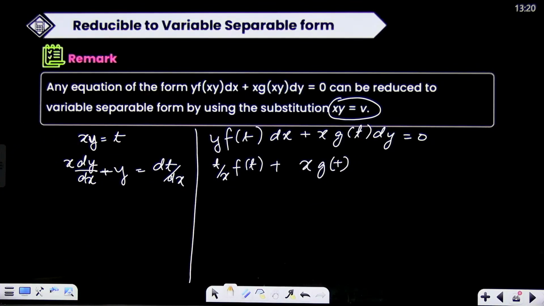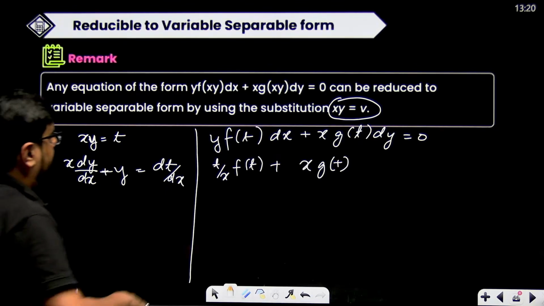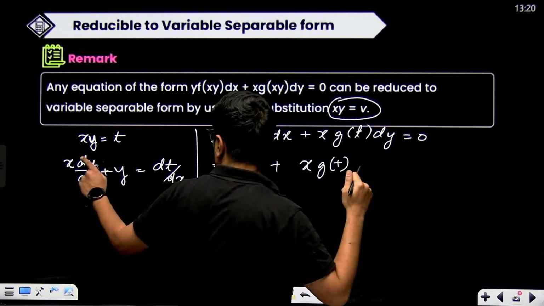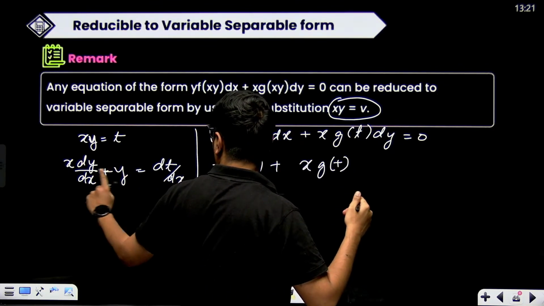With t by x put over here, this will become dt by dx minus y.